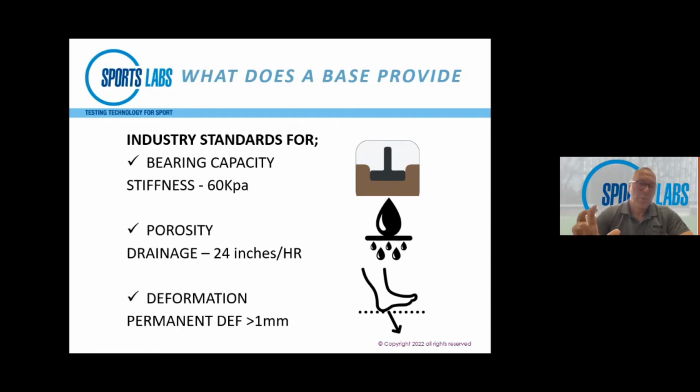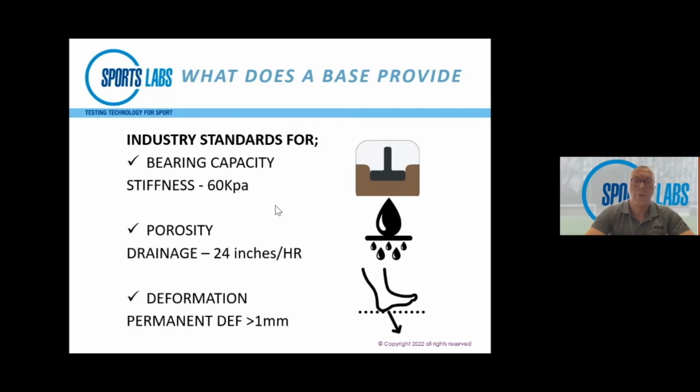Porosity is very important when you're looking at vertically draining base setups. This is quite a massive drainage rate, but 24 inches an hour is typically in specifications. You'll see lesser numbers in some of the contract documents, but our philosophy is the subbase needs to drain really well if it's going to be a porous subbase, because you've got many layers above that.